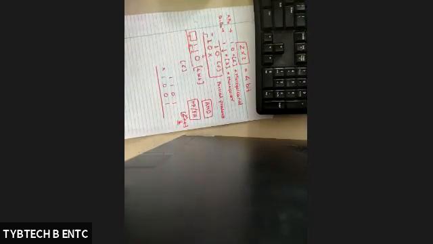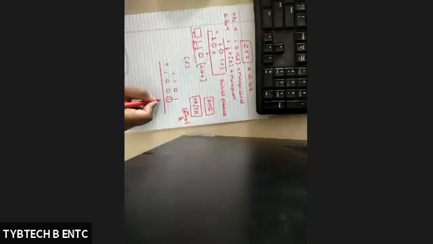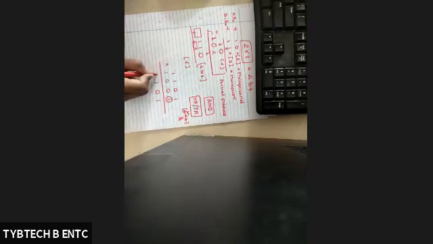Now again start the multiplication. First consider this one. Now this multiplier multiplies with all the multiplicand bits. So 1 into 1, it is 1. 1 into 0, 0. 1 into 1, 1. Again 1 into 1, 1.